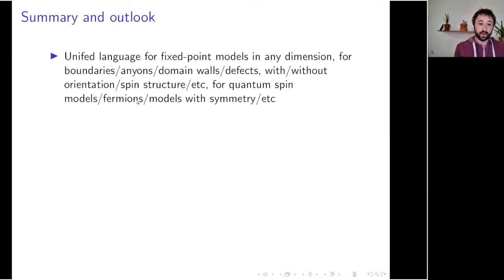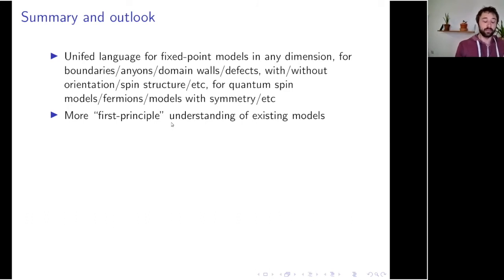You can also add extra structure like an orientation, or for fermionic systems, you want to add a spin structure, which can also be described combinatorially. And by choosing different interpretations of what the tensor networks mean, I can also describe fermionic models or models with symmetry.